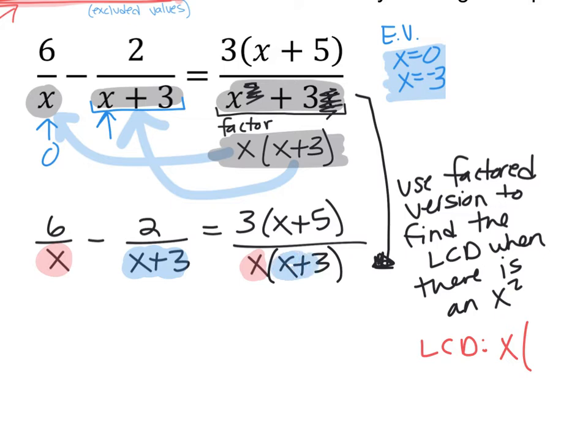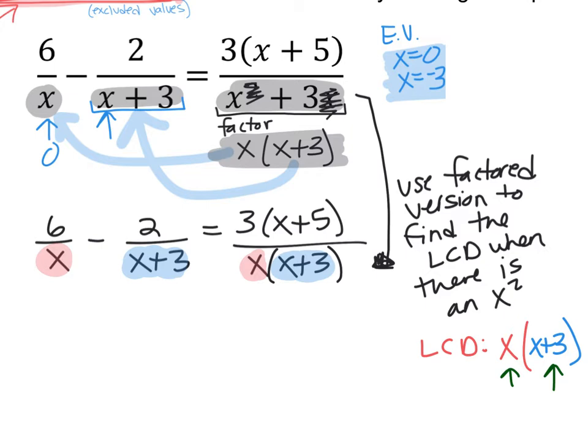And then we have the same binomial x plus 3, so that x plus 3 will be a part of our common denominator. Don't duplicate them because that's just going to make your solving more complicated. It's fine, but the solving part is going to be a little bit more difficult because you're going to have larger exponents to work with. So you just want to pick one of everything. So for example, we just put the x in one spot, and we put the x plus 3 in one spot in our least common denominator.